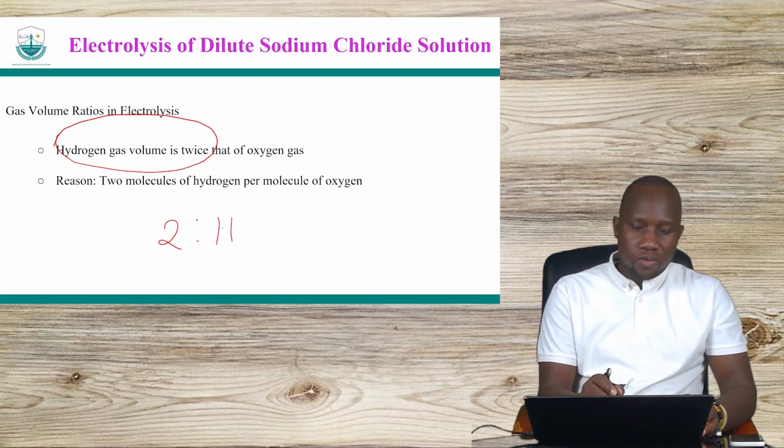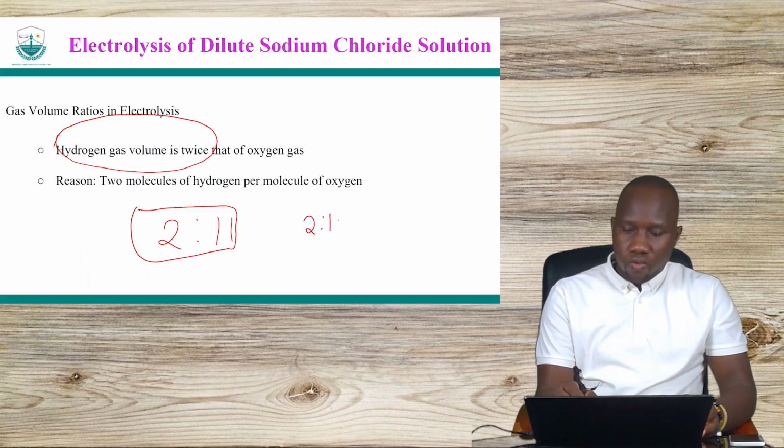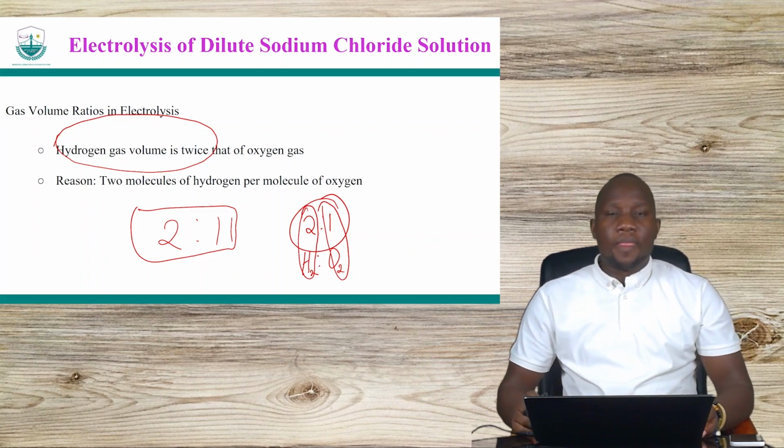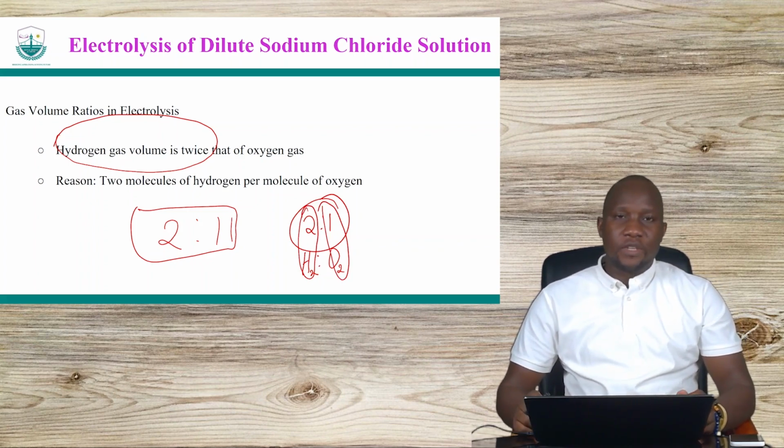2 to 1, hydrogen to oxygen. You have this here and that there. That is that ratio there.